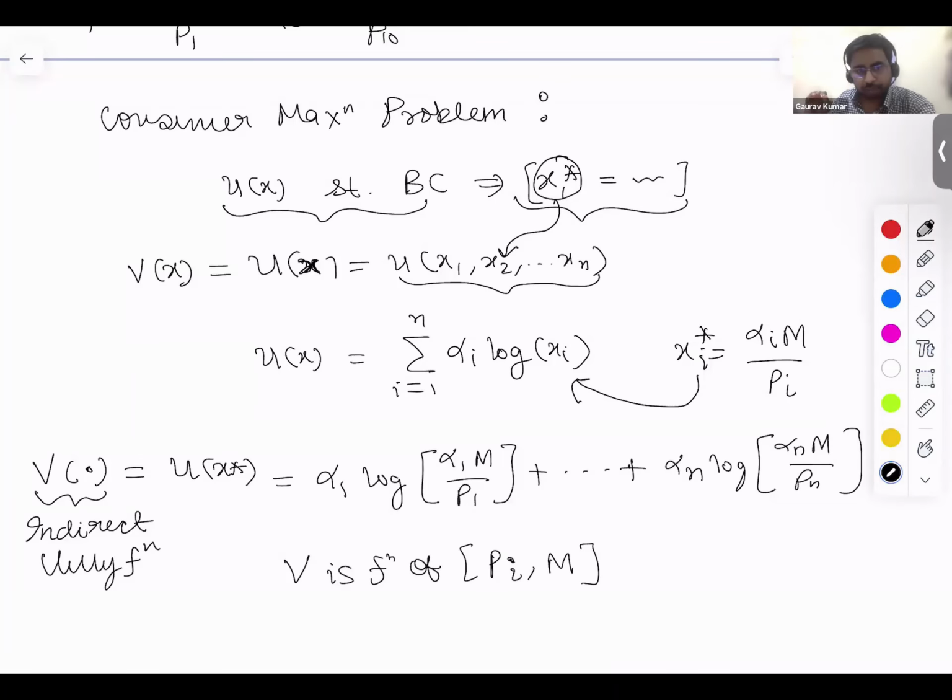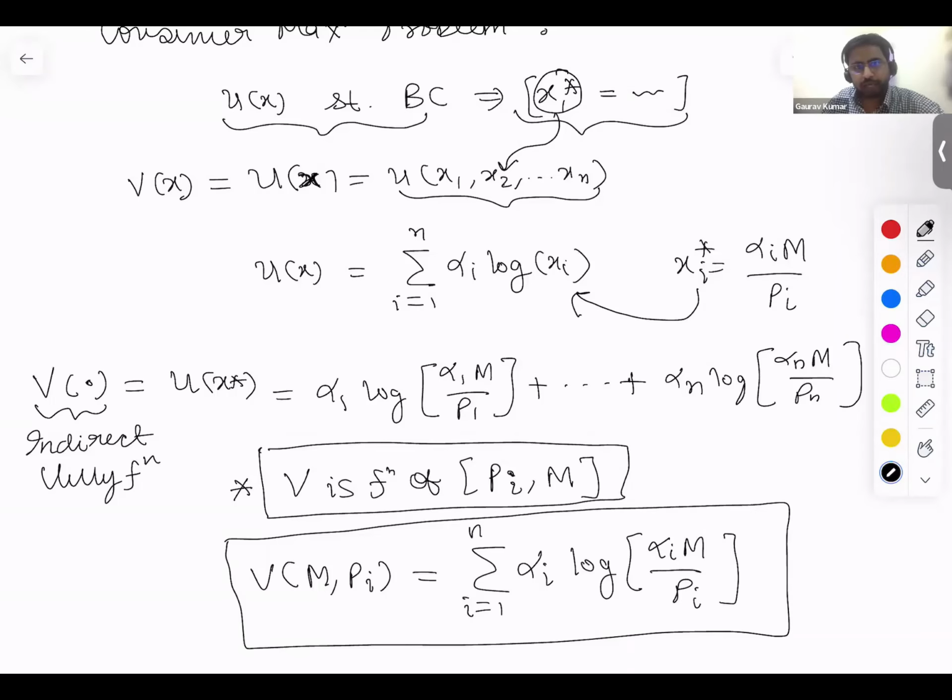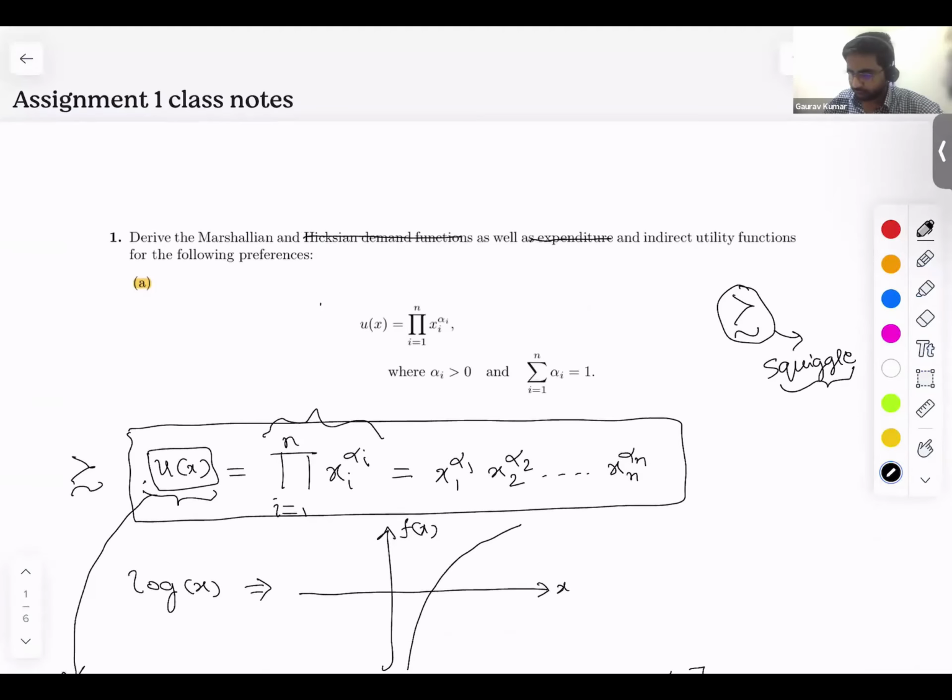Is it clear to everyone? So we have derived the Marshallian demand and we have also derived the indirect utility representation for the particular utility function that was given to us, which is this. Can I proceed to the next question? You can just give a thumbs up so that I can follow up.